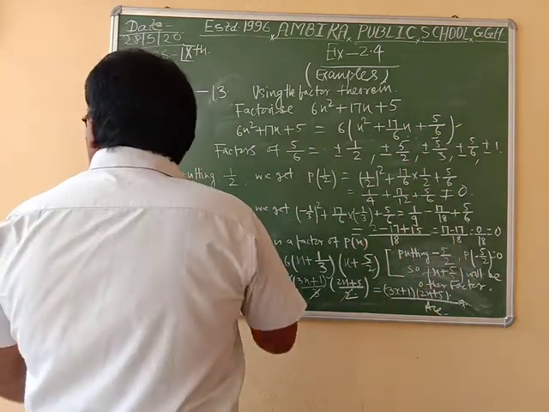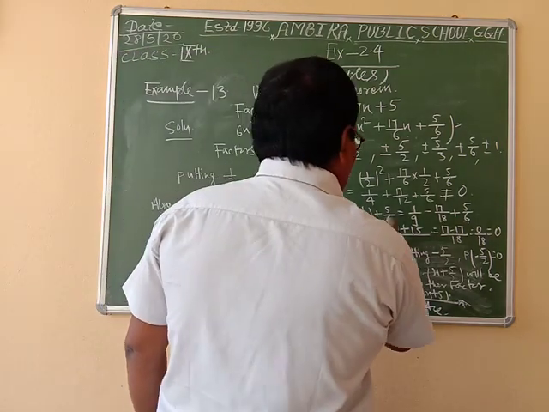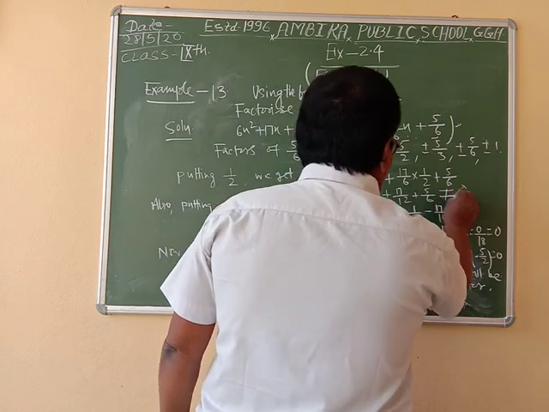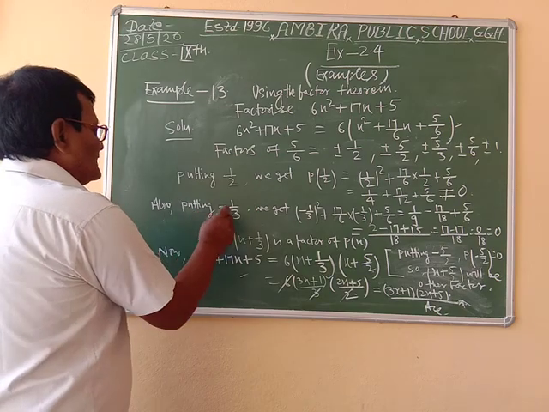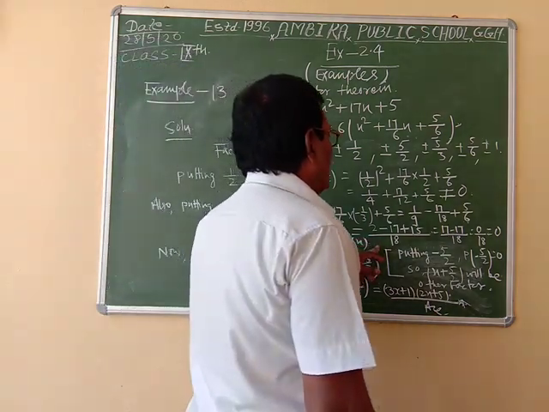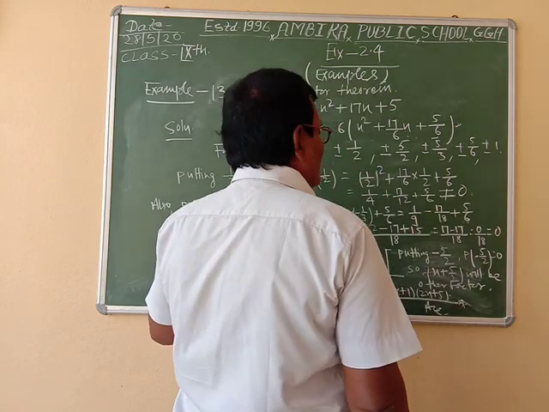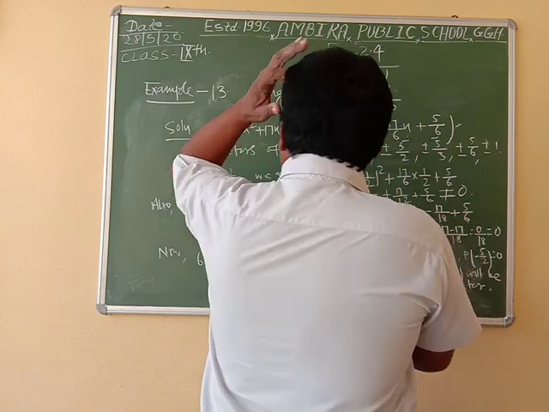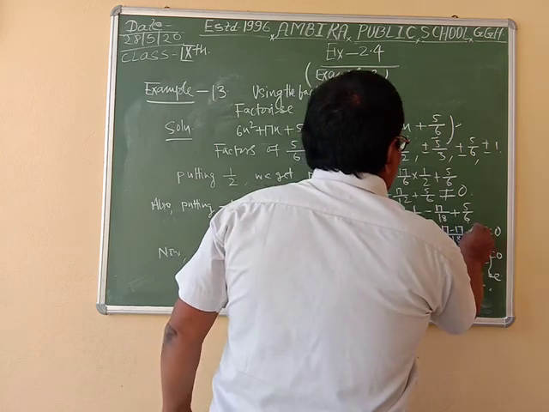Putting 1 by 2, we get P of 1 by 2 is not equal to 0. So this value is impossible. And if we put minus 1 by 3, we get 0.